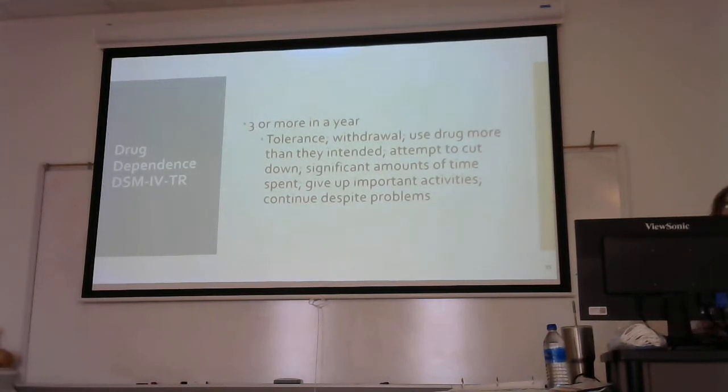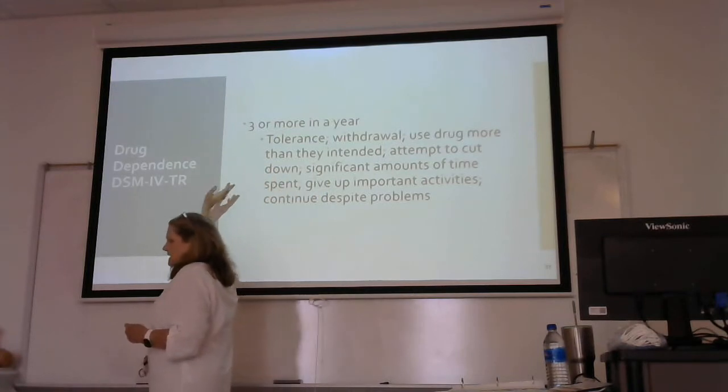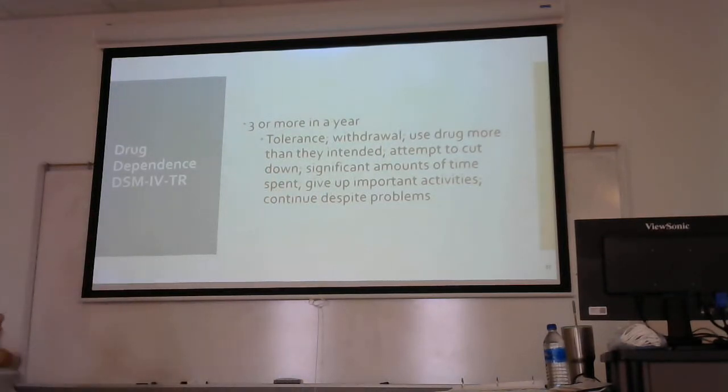And our DSM calls drug dependence, or actually that should be drug addiction, addiction is that compulsive behavior. An addict will have 3 or more of these in a year. And if you are addicted, you are going to have tolerance and you are going to have dependence. But you can have tolerance and dependence and not be a drug addict.